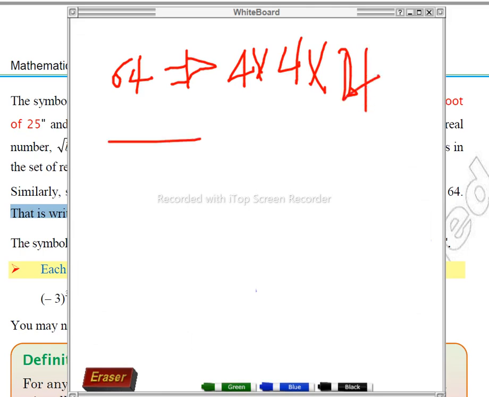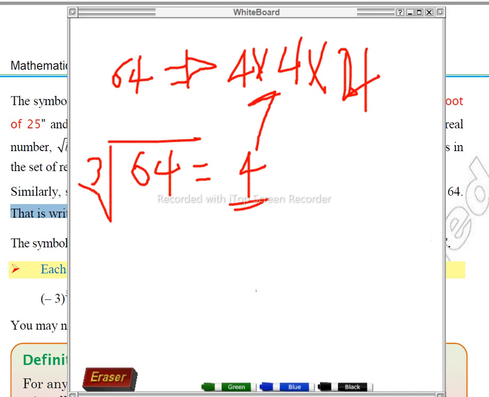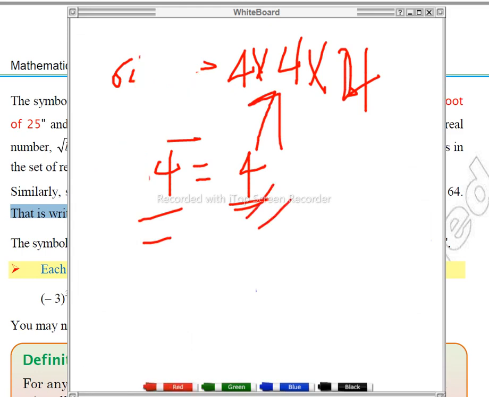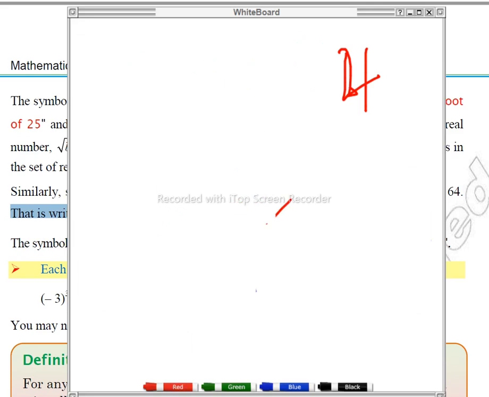When we take the cube root of 64, it is equal to 4, because when we multiply 4 three times, it gives us 64. So the cube root of 64 is 4. This is all about the cube root.